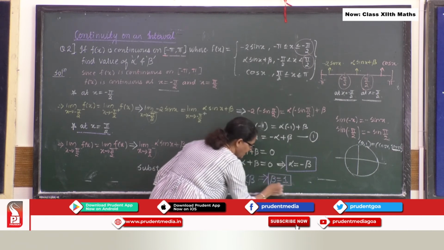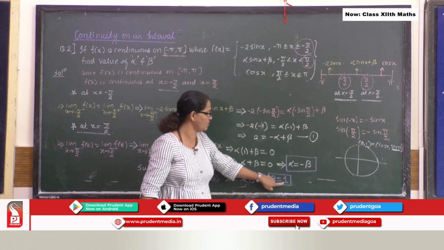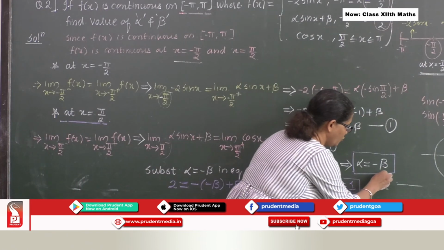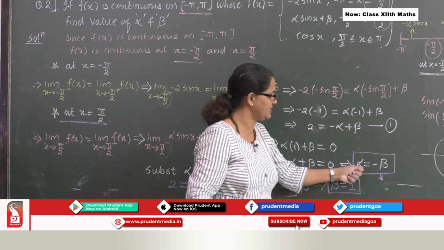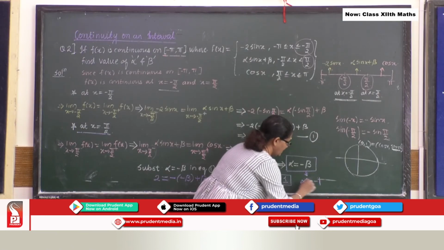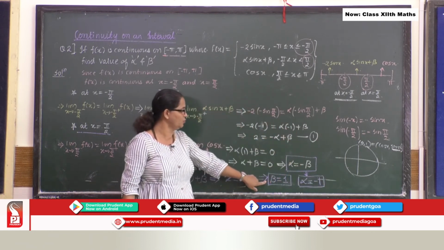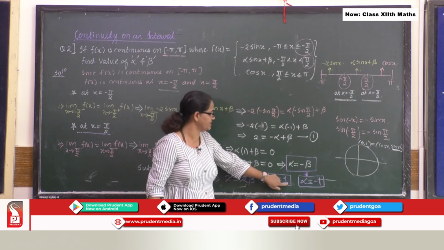So I am getting beta equals 1. So when I say beta equals 1, according to my previous setup, alpha equals minus 1.